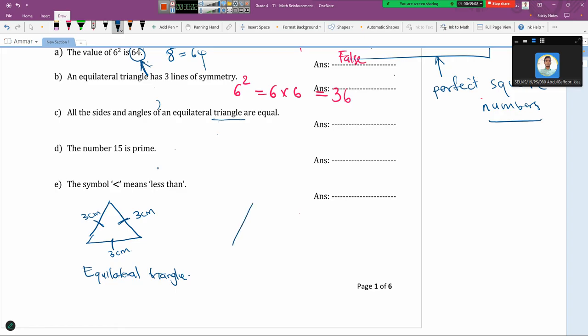And let's say only these two sides are equal, and this is different, right? Let's say this is 3 centimeter, this is also 3 centimeter, but this is 5 centimeter.